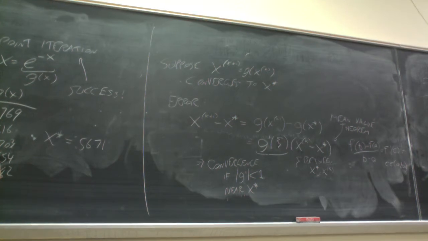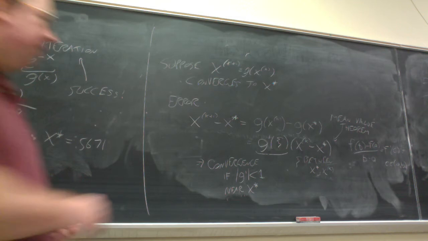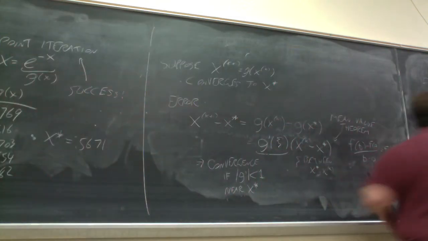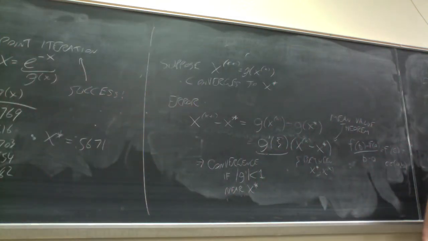So really, these conditions are saying pretty much exactly the same thing, just that one is for a scalar value, the other is for a vector valued function. Okay, so this gives us an idea as to what kind of g is going to work. So now let's put this back in the context of the example that Alice is doing.